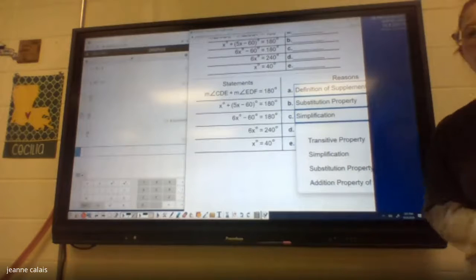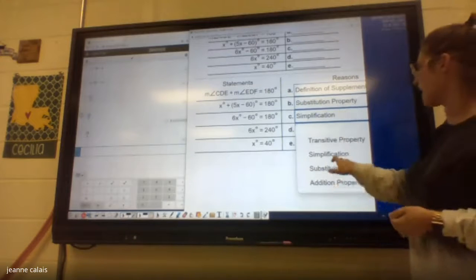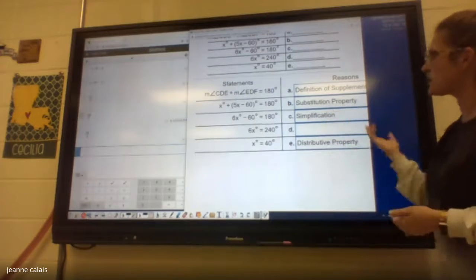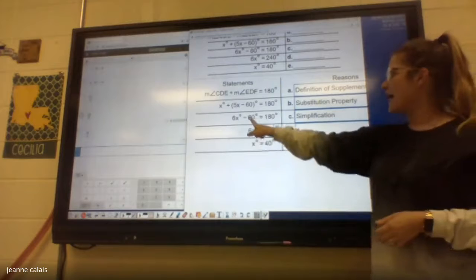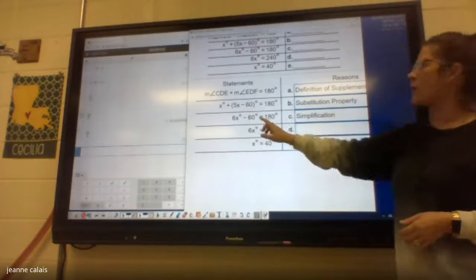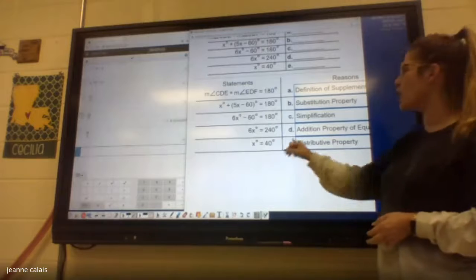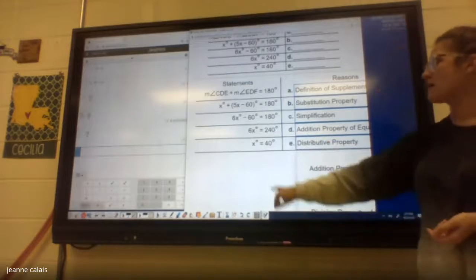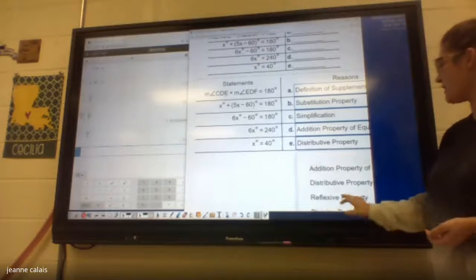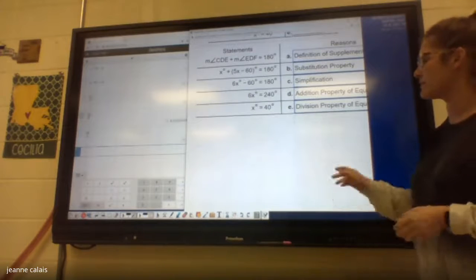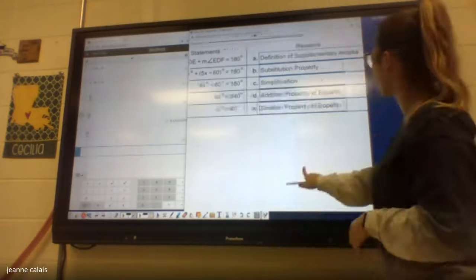You're probably like, where's combine like terms? It's the same as simplification. I actually accidentally touched simplification and it was correct. How did I get rid of the 60? It was minus. Now it's gone, so we added. And no, this is not the distributive property. We had 6. We got rid of it. That is division.